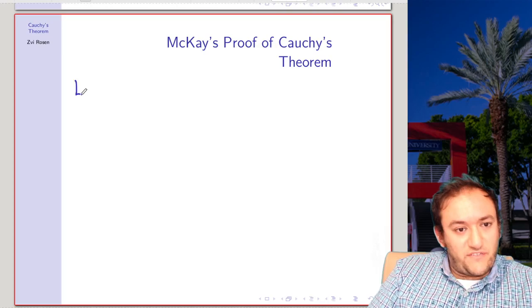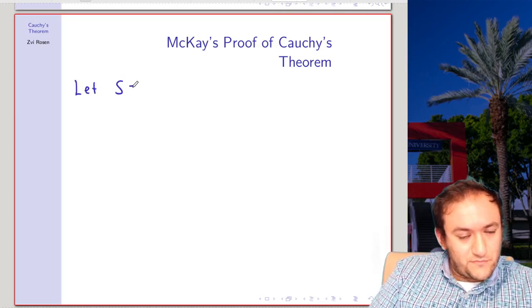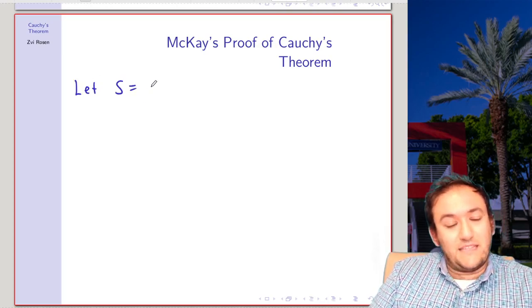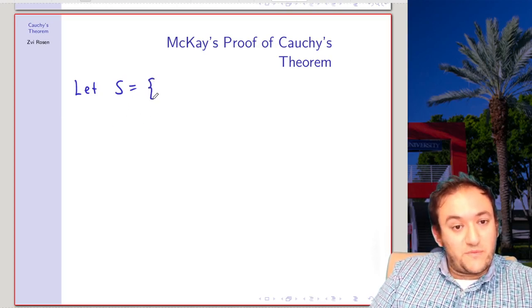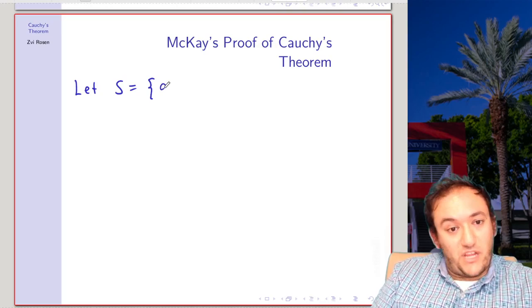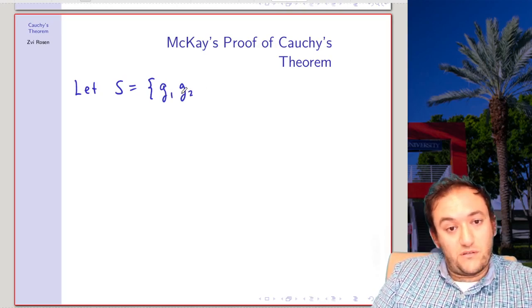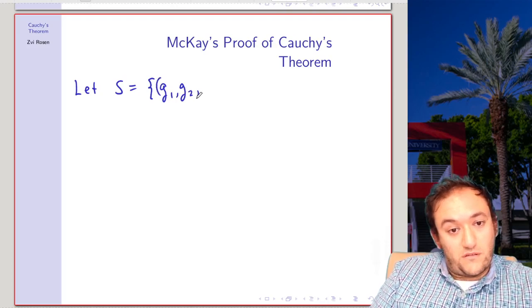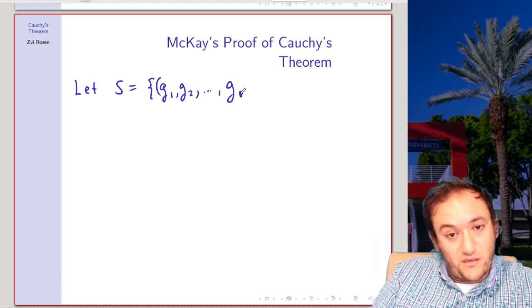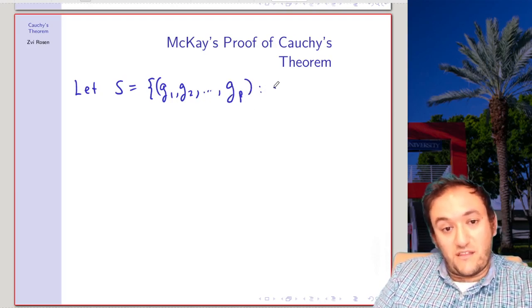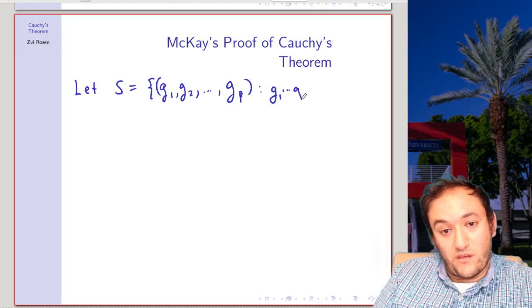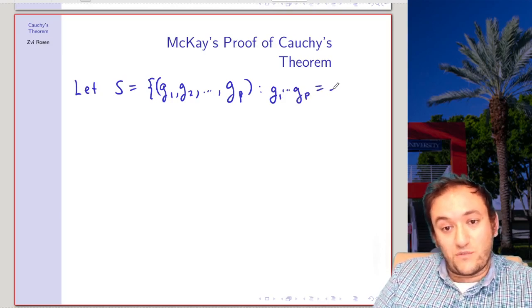So we're going to define S as lists of p elements of G: g1, g2, up to gp, with the special condition that the product of g1 through gp is equal to the identity.